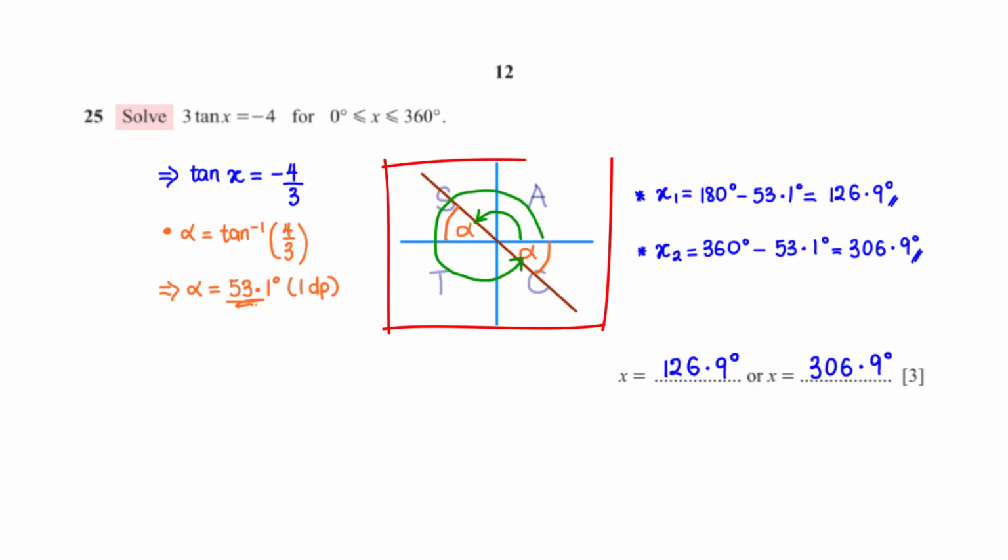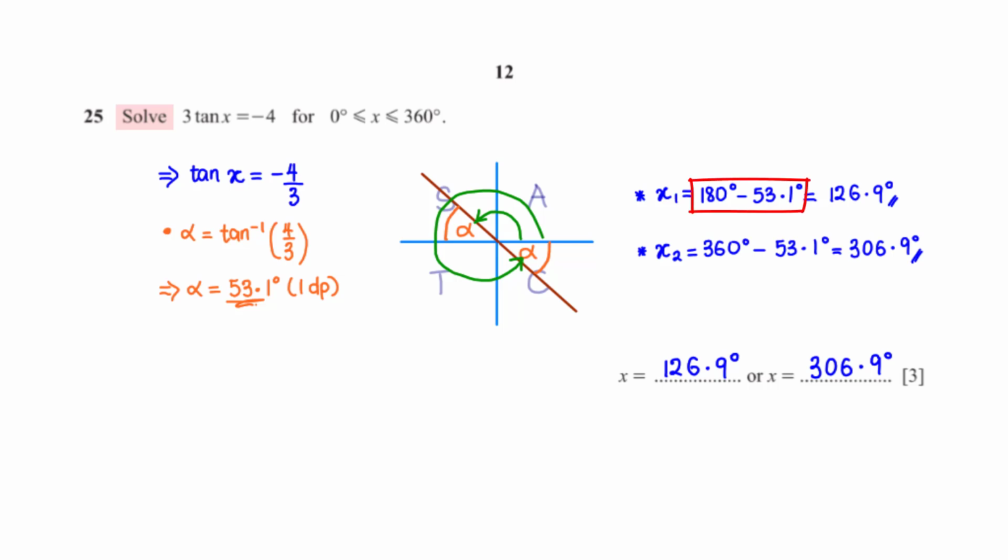Now we need to draw the quadrants. Since the value of tan x is negative, we only measure the angles of alpha in the quadrants where tan is negative. The angle alpha is measured from the horizontal axis in these quadrants. When we go around the quadrant the first time, we get our first value of x as 180 degrees minus 53.1 degrees, which is equal to 126.9 degrees.